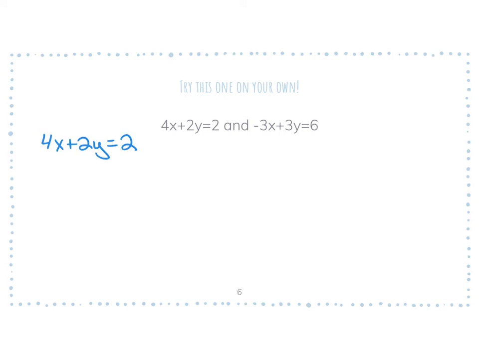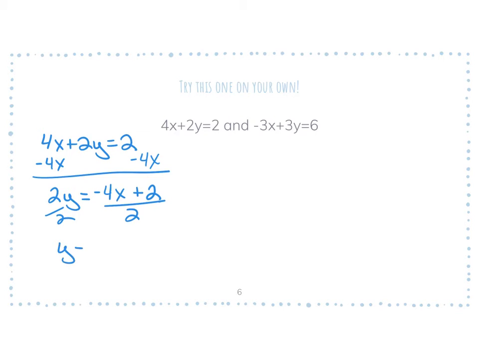I'm going to subtract 4x from each side, which is going to give us 2y equals negative 4x plus 2, and then divide everything by 2. y equals negative 2x plus 1. Now we can solve the other equation for y and put them equal to each other, or since we have this side equal to y, we can just plug that in for our other y value.